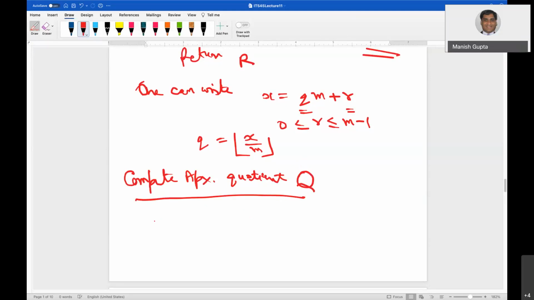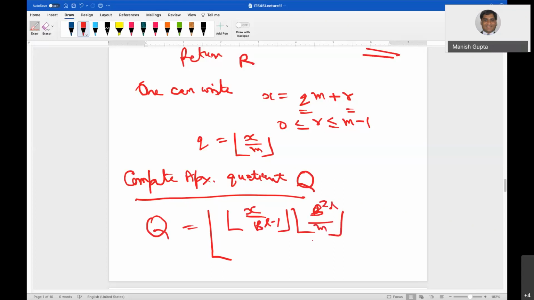So how do we do this? Capital Q, the approximate quotient, is the greatest integer of x divided by b raised to power l minus 1, times b raised to power 2l divided by m, divided by b raised to power l plus 1.